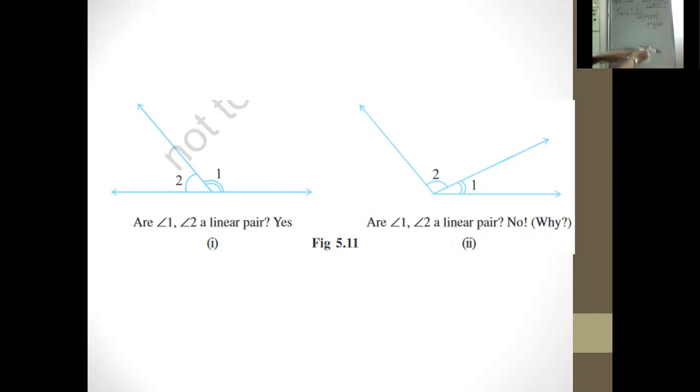In the first one, they have shown that the line is here, and they have drawn an angle over here. Yes. This is angle 2, and this is angle 1.